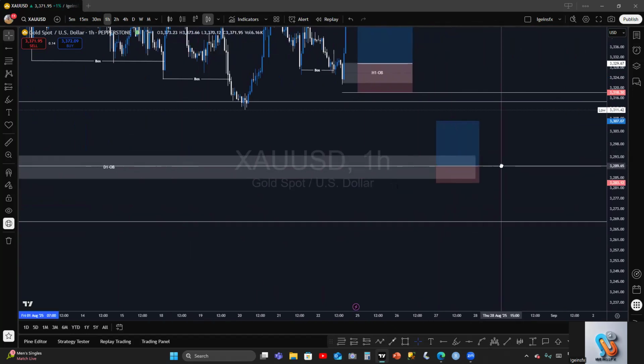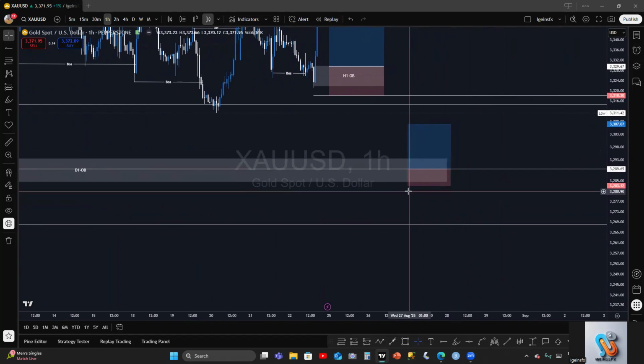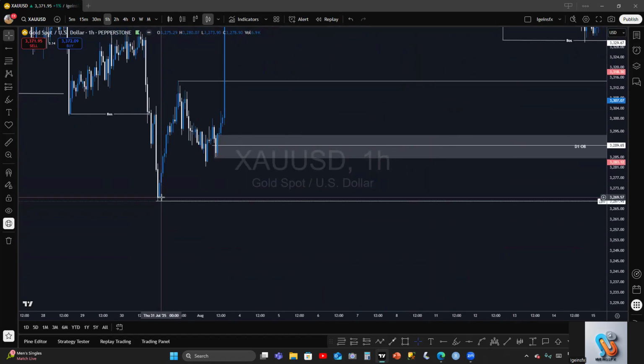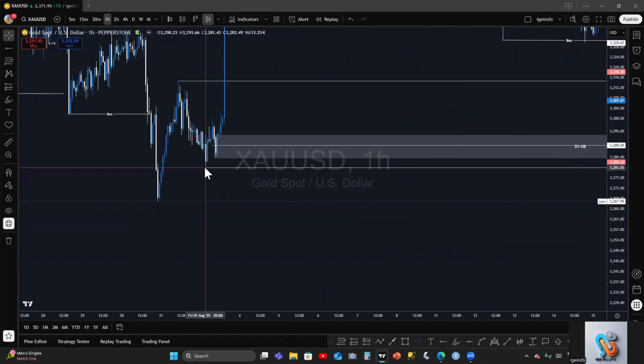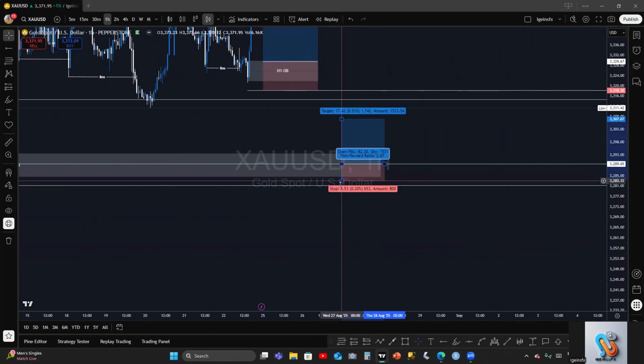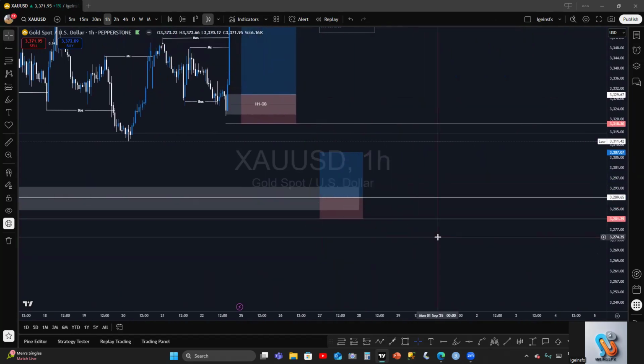All right, so let's take the midpoint so that we'll be able to at least push our SL to this level. It's your SL that will determine the lot size that you're supposed to use.